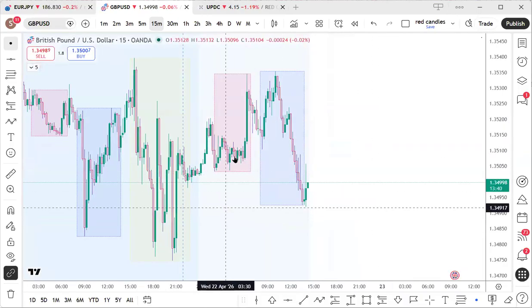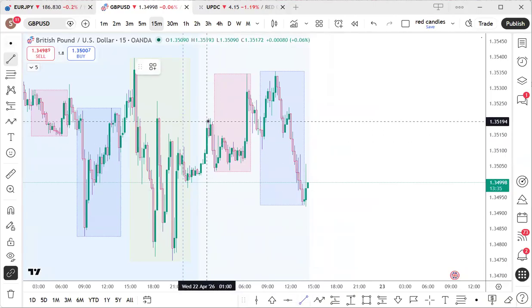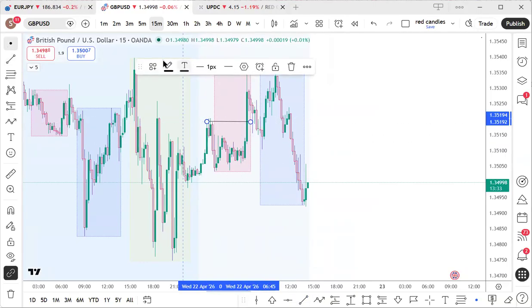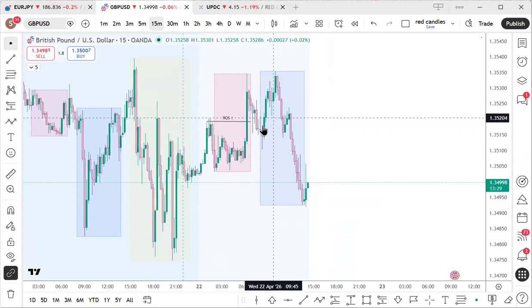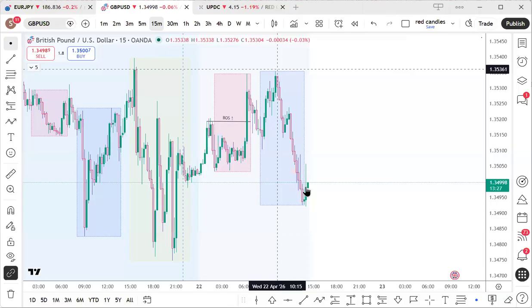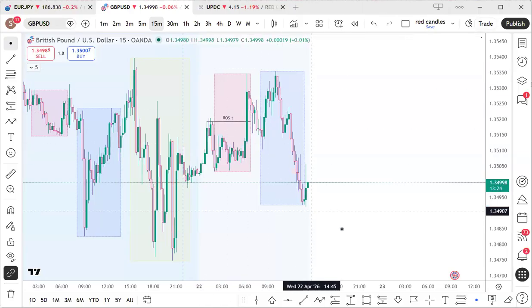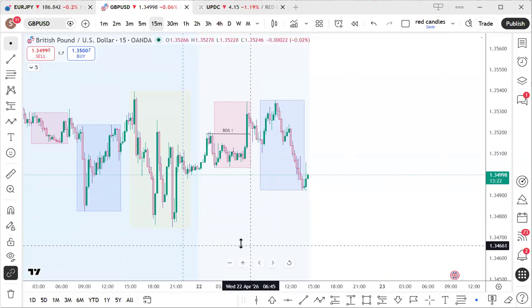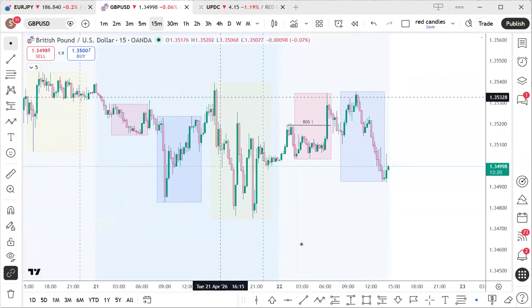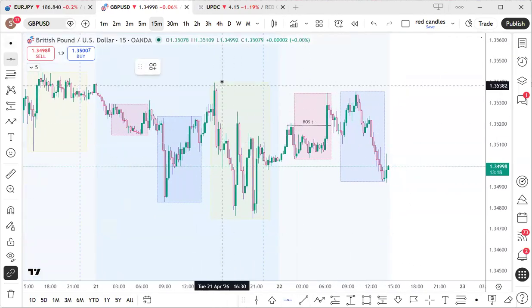This one too, you can see it gave you a nice break of structure just before the London session. Then it went up a little bit, but then it just dropped back down again. So if you look at this, this is just a big sideways movement.